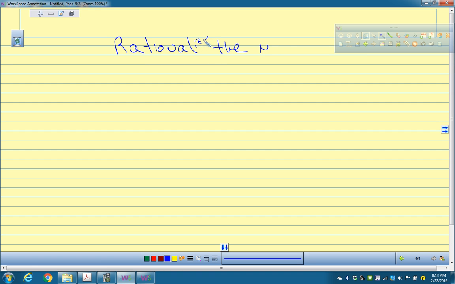Rationalize the numerator. Yes, Jessica? Doesn't that put radicals in the denominator, though? Yeah, I know. I'm not exactly sure why you would want to rationalize the numerator, but in this book they do.